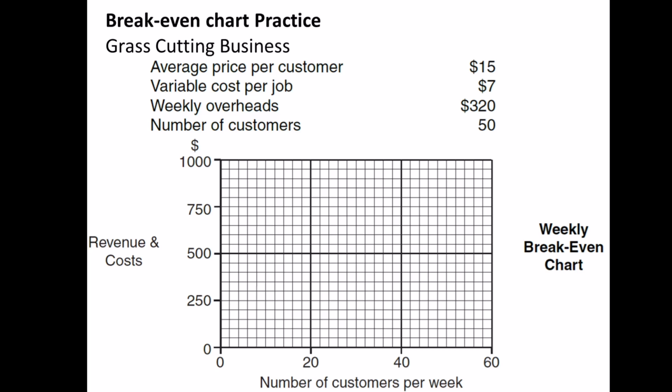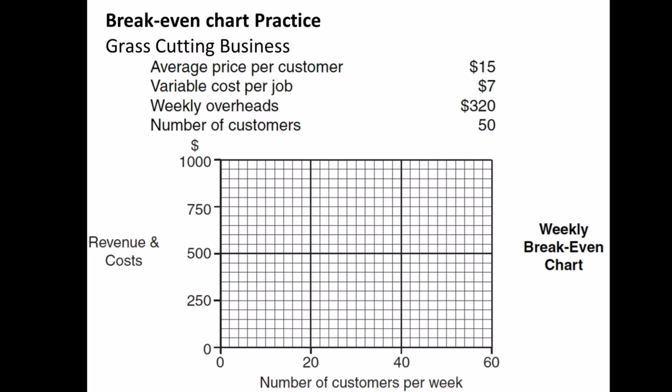Well, not really. I mean, for the sake of learning, you need to draw the fixed cost and variable cost first, and then draw your total cost. But you can actually just draw the total cost curve.